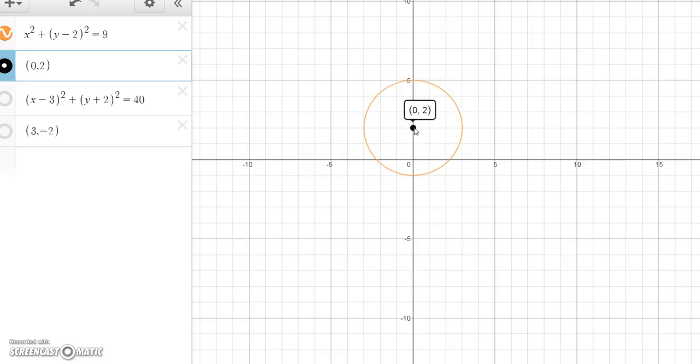But actually, if you know this is the center, and you know that the radius is 3, then you could just go in the 4 directions: 3 to the east, 3 to the west, 3 to the north, 3 to the south. And so you could label 4 points, one here, one here, one here, one here, and then you could do your best imitation of drawing a perfect circle through those 4 points. But that's basically what the graph of that circle would look like.